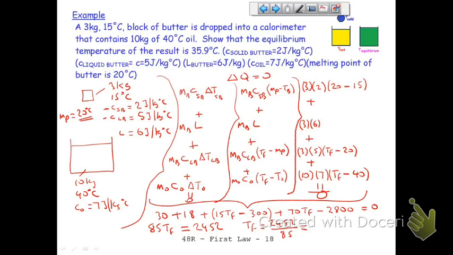So I rushed in. 2,800 plus 300, minus 30, minus 18 equals 30.52. So that's 30.52 divided by 85, which is equal to 35.9.